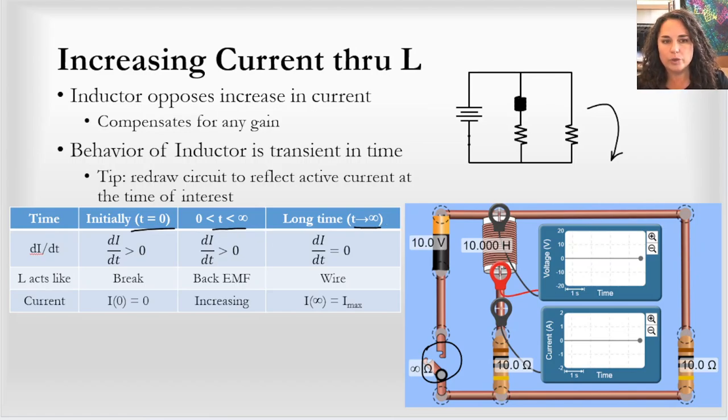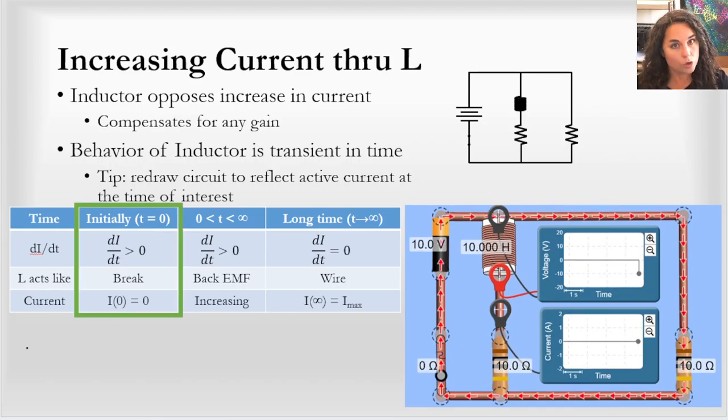So right when we close the switch, remember the inductor opposes an increase in current. Before the switch is closed, there's zero current going through that inductor. And so when I close the switch and the battery starts pushing current, you can see the battery starts pushing current through the circuit.